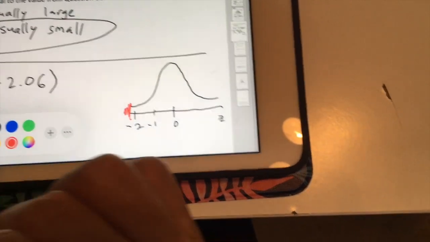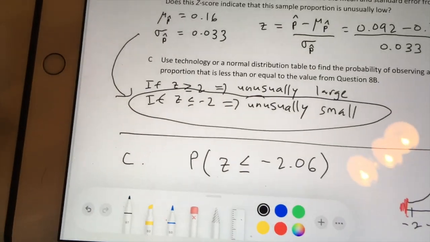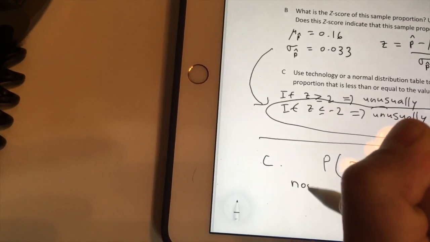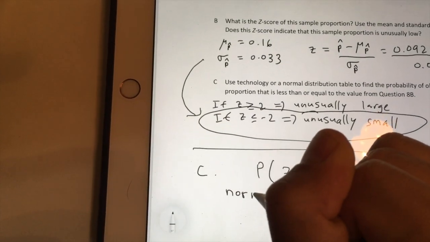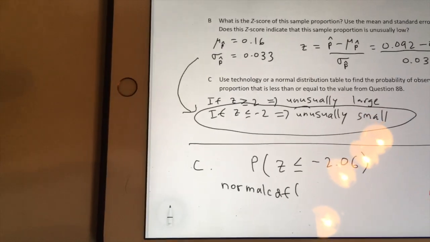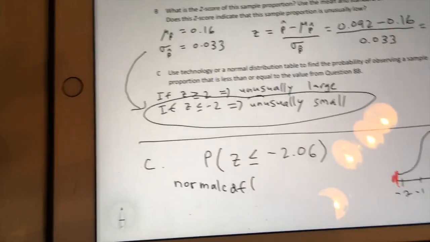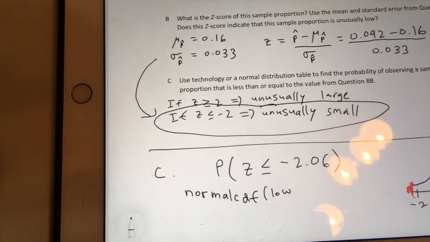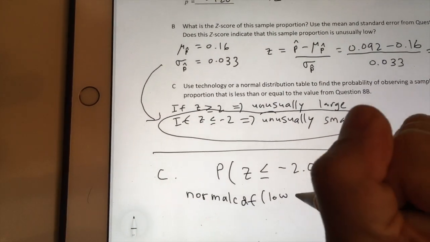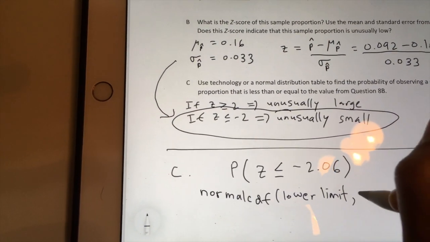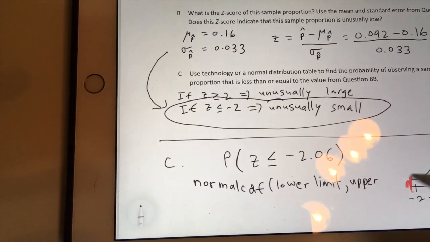Okay, so how do we actually do this? As a reminder, this is where we use the normal CDF function on our calculator. So I'm going to write this down. This is normal CDF, and I need to put the lower limit and the upper limit, okay? You start by doing the lower limit, and then you do the upper limit.